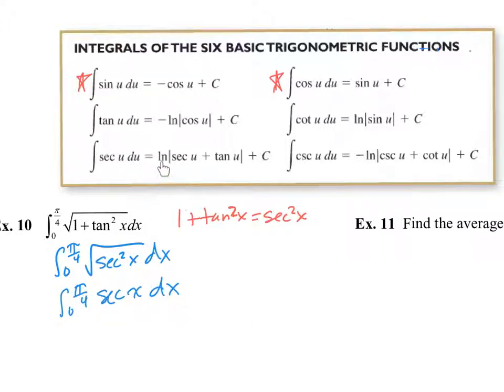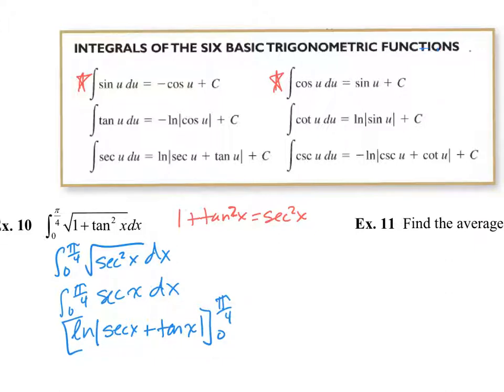Well, it's going to be the natural log of the absolute value of secant of that function plus tangent of that function plus c. So let's go ahead and integrate. So this would be the natural log of the absolute value of secant x plus tangent x, and then we're going to evaluate that from 0 to pi fourths.